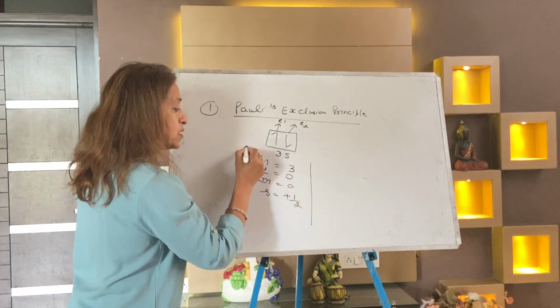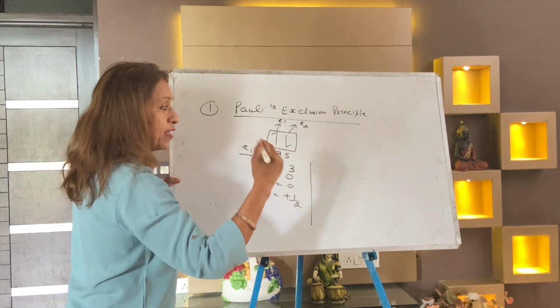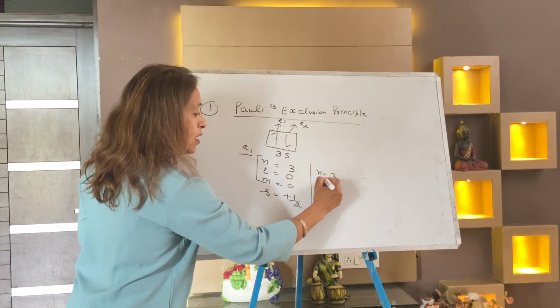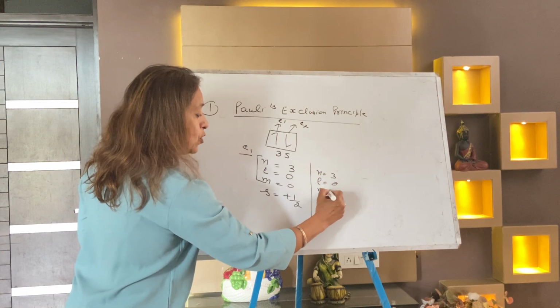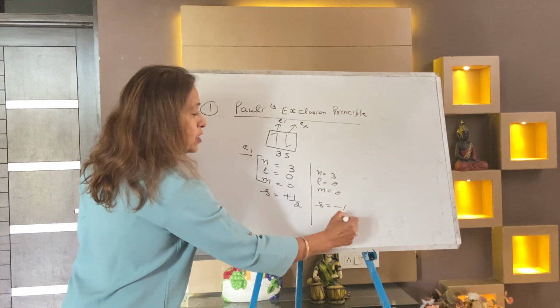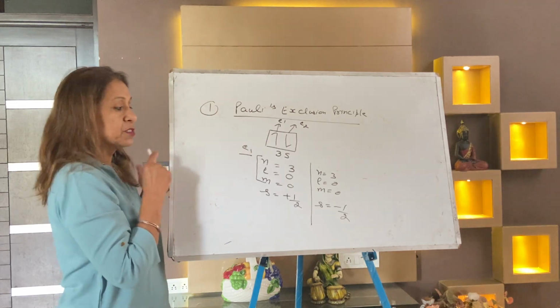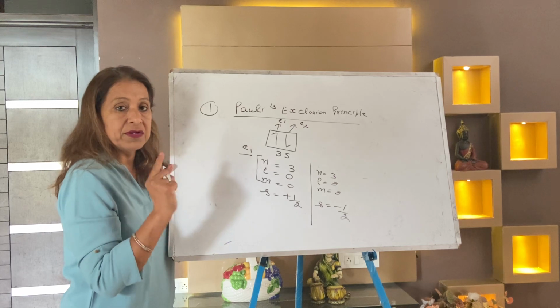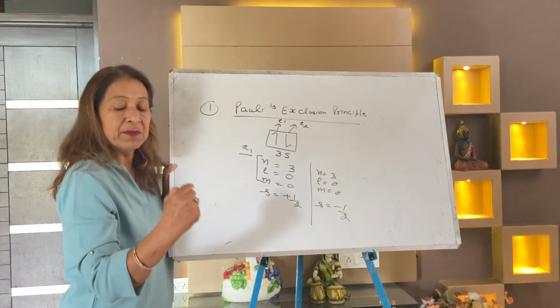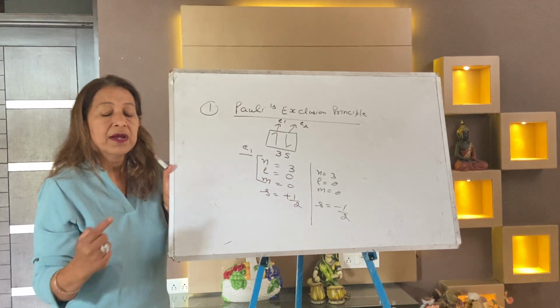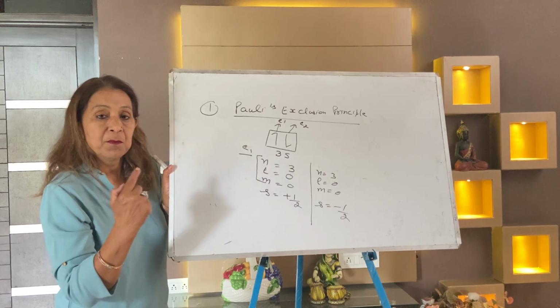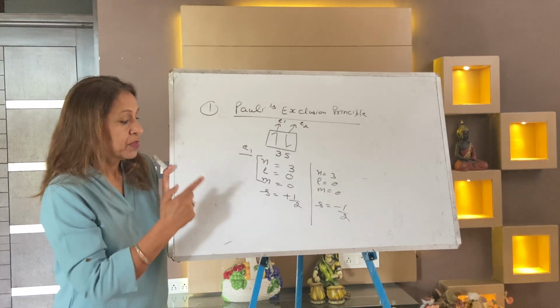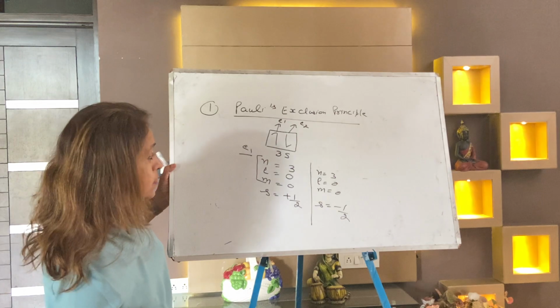And for electron 2? n is 3, l is 0, m is 0, but s is -half. So this is Pauli's exclusion principle. Only 2 electrons are filled in the orbital with 3 quantum numbers the same, n, l, m, and the 4th quantum number, spin, must be different. One is +half, other is -half.